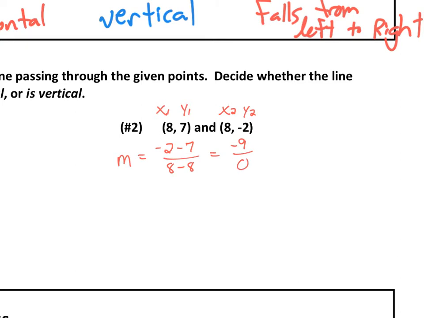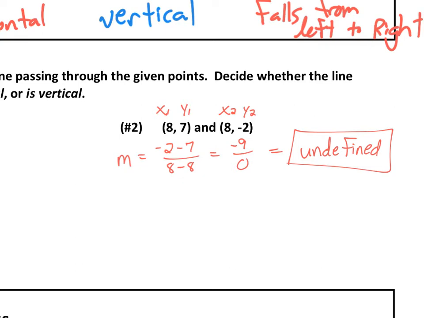Now, this is where it gets a little tricky. If you take your calculator and do negative 9 divided by 0, you can't divide by 0 because it's impossible. Your calculator will say error. You can't take something and break it into 0 groups. So if you ever divide by 0 and there's a 0 on the bottom, this is undefined. This is an undefined slope.